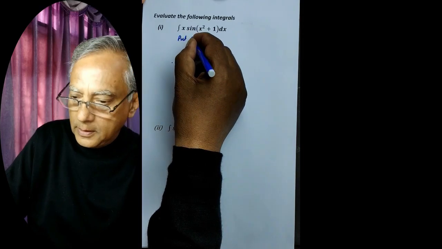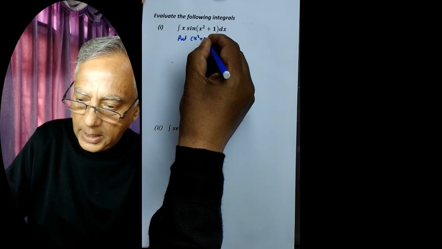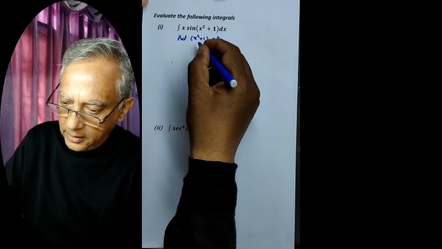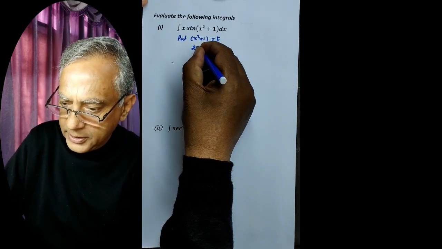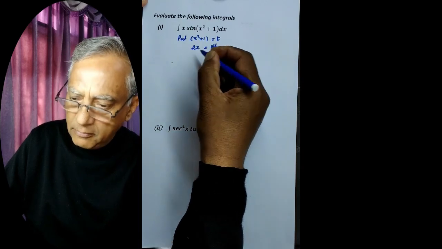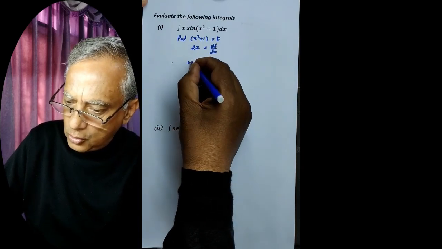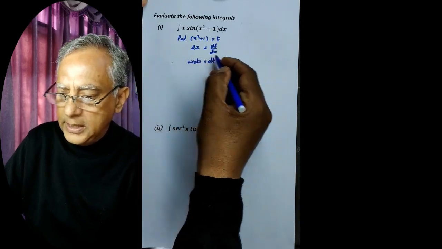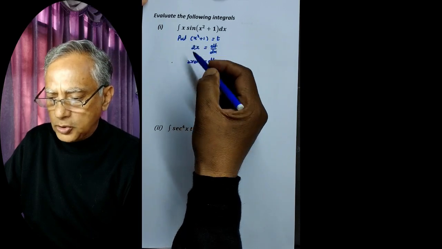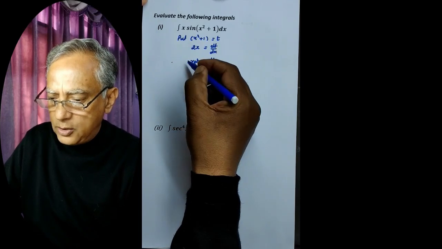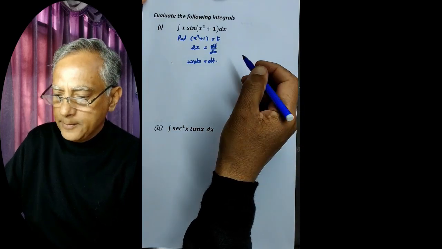Put x square plus 1 equal to t. Then differentiate this. What we will get is 2x will be dt by dx. But you should directly write 2x dx is equal to dt. You can leave this step. Differentiate both sides, we will get 2x is equal to dt by dx. So we can directly write 2x dx is dt.